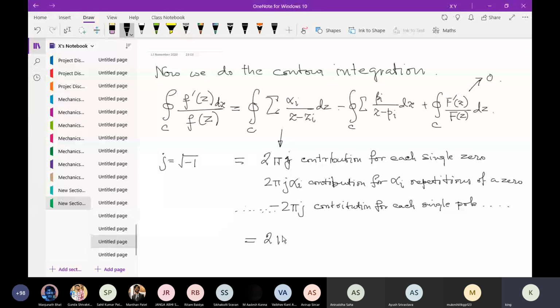We should be getting 2 pi I times z minus p, where z is the total number of zeros including multiplicities.